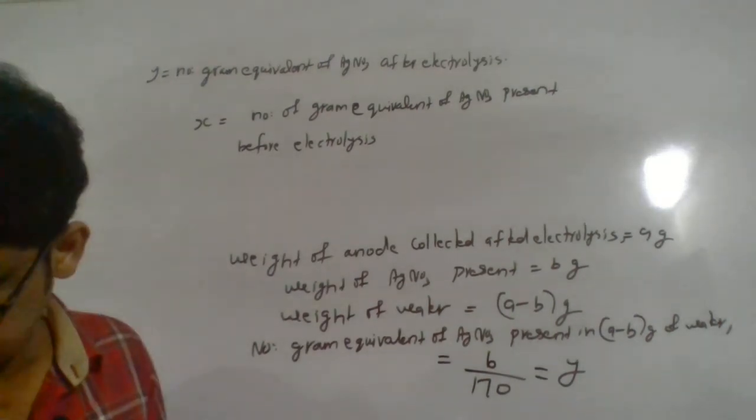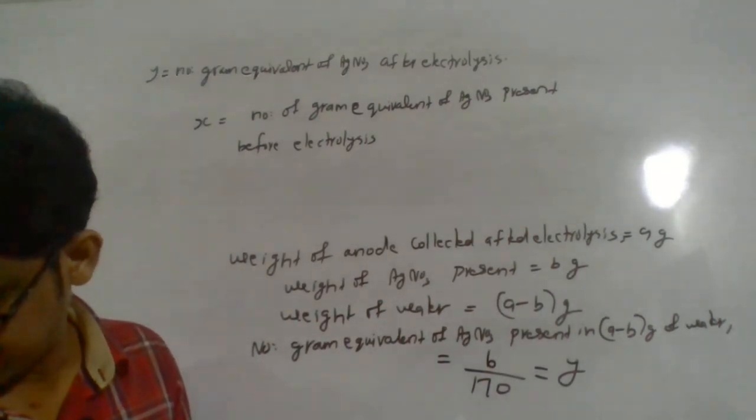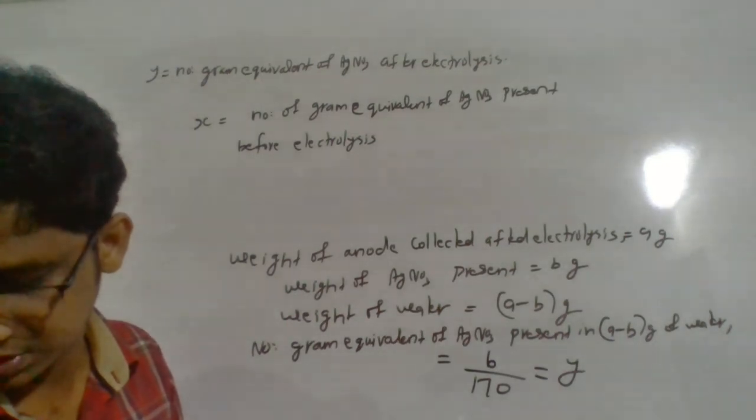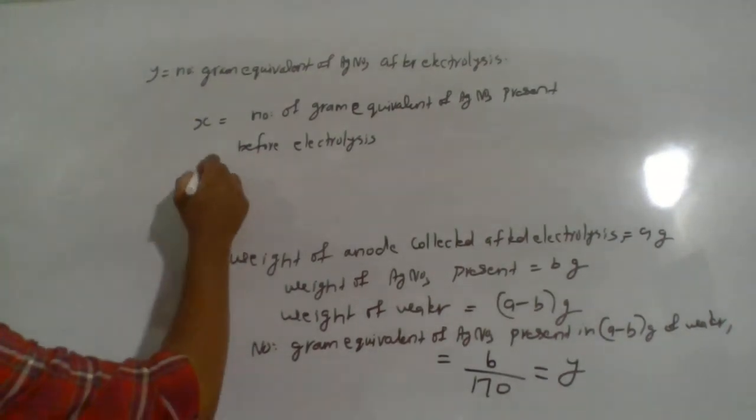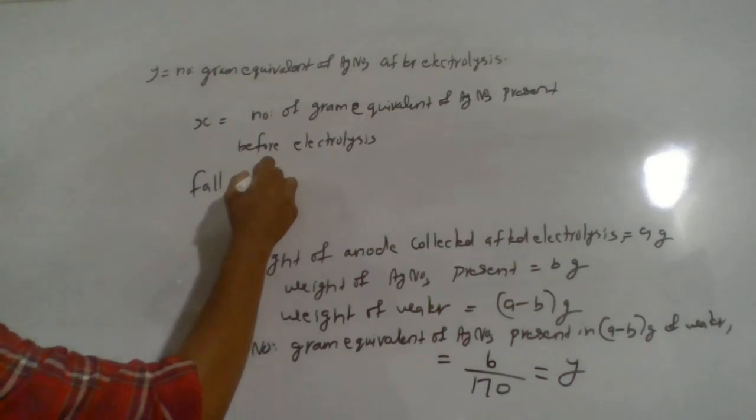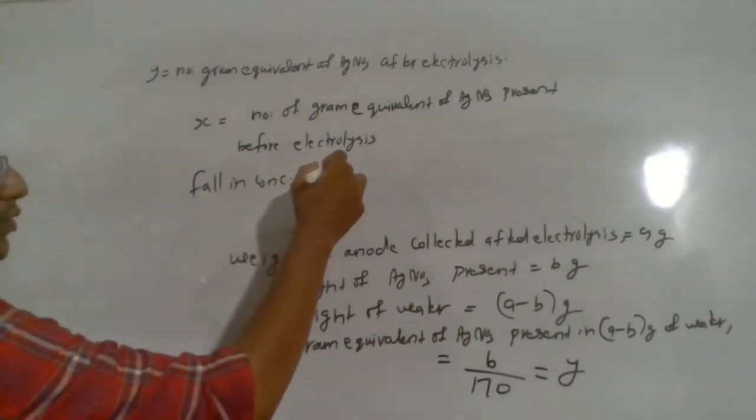So you can easily find the fall in concentration around the anode.